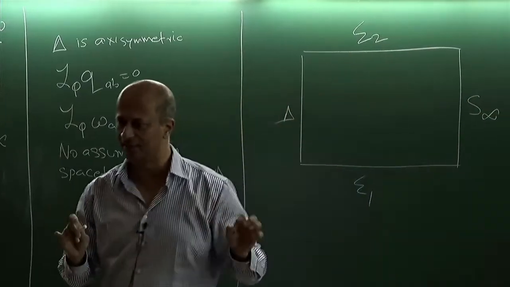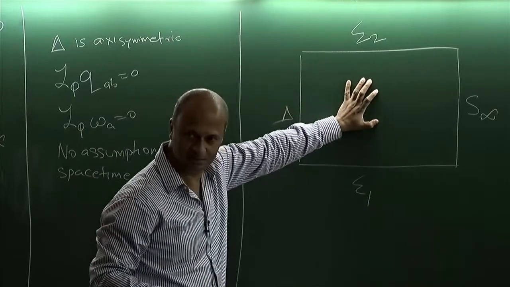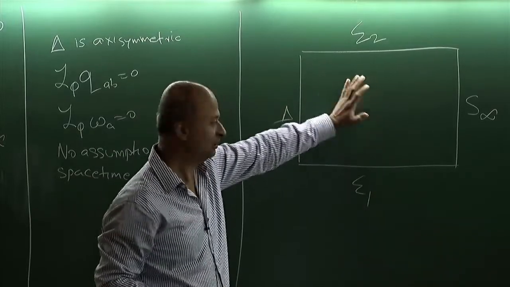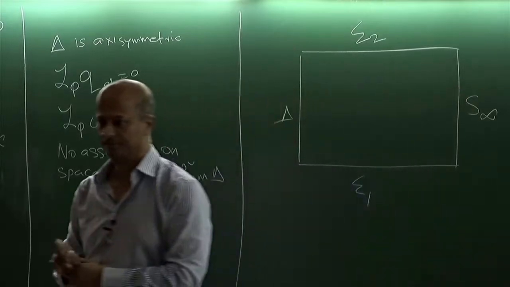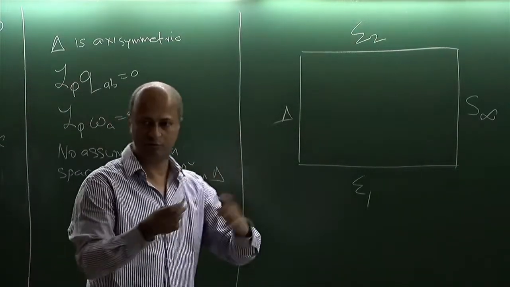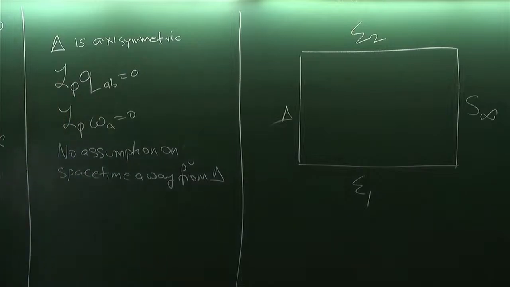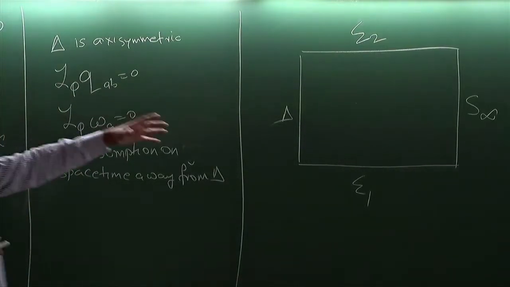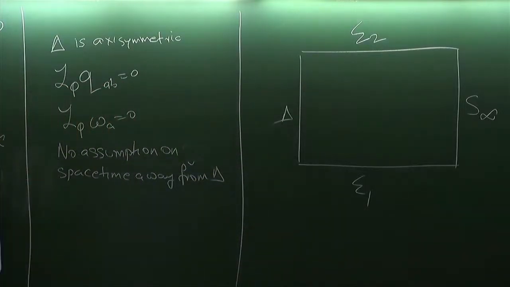It's not really critical here. What is important is that I have some fields in the bulk of the space-time. The inner boundary is this, and there's an outer boundary that happens here. You can have multiple black holes, so then this inner boundary would be disconnected pieces. That is also fine. But just as a drawing, let me demonstrate this for one connected inner boundary.